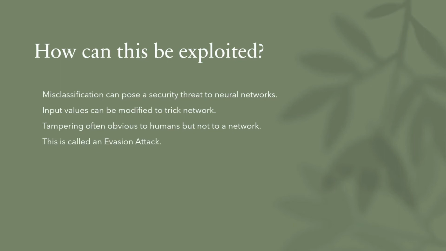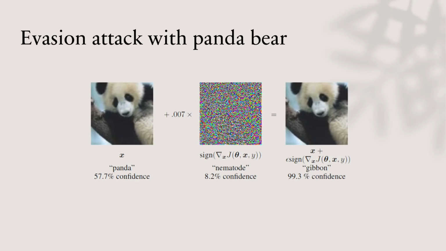To help us further understand evasion attacks, let's look at an example. Here on the screen, we can see we have an image of a panda bear. This untampered image was passed into an image classification network where it was labeled as a panda with 57.7% confidence. This is clearly the correct answer, and the network did well.